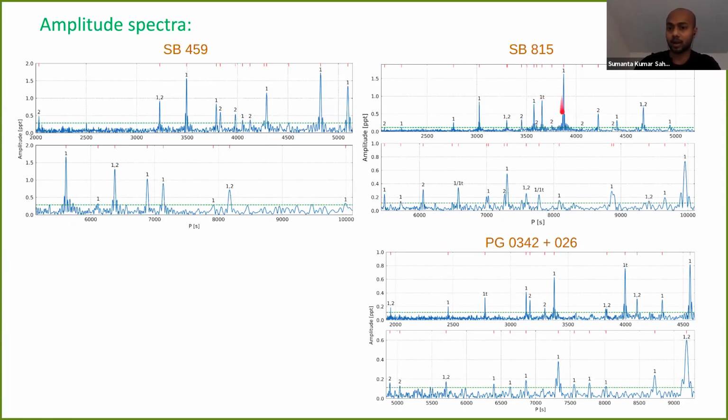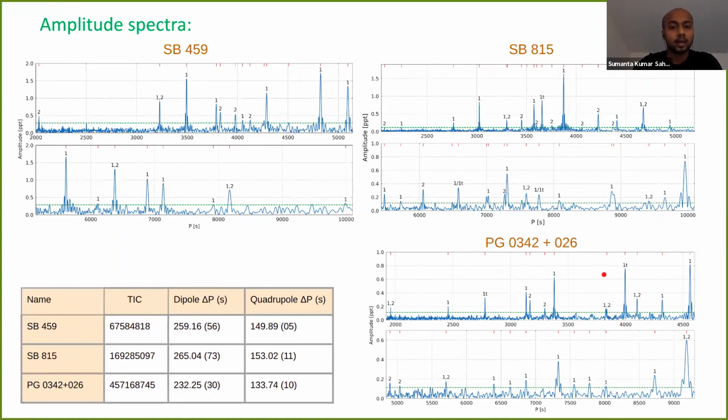For SB815 we found 3 such peaks, and for PG0342 we have 2 peaks which we put as candidate trap modes. After assigning the modal degrees, we calculated the average period spacing for all 3 targets, for the dipole and also for the quadrupole modes, and we found all are near 250 for dipole and 145 for quadrupole, which we found from the literature and previous observations as well.